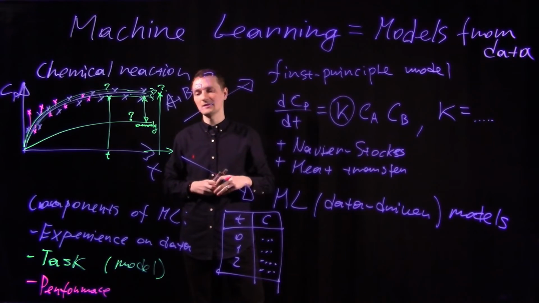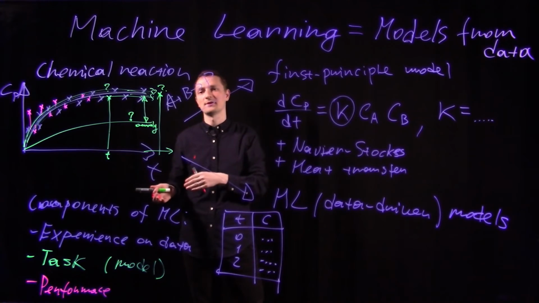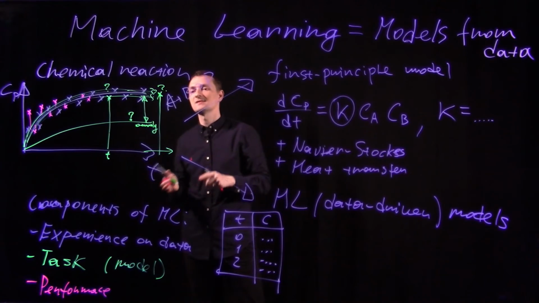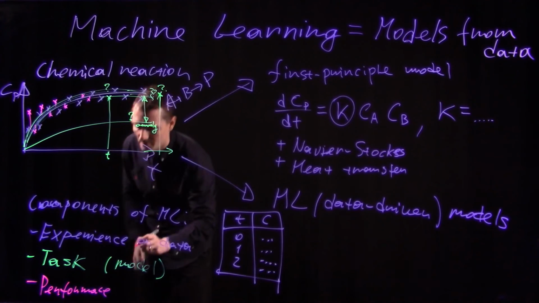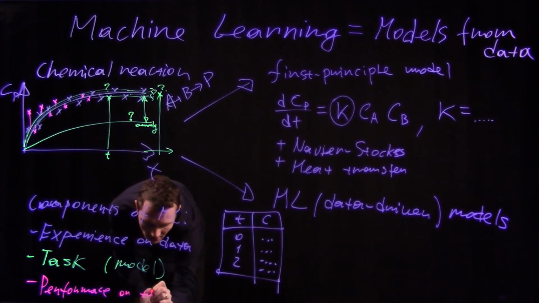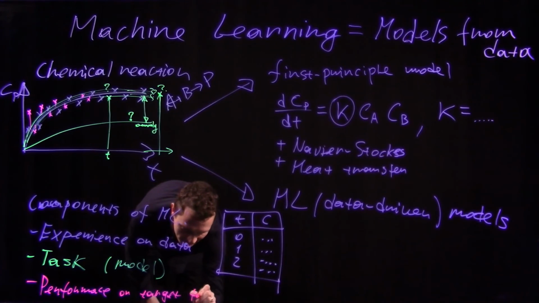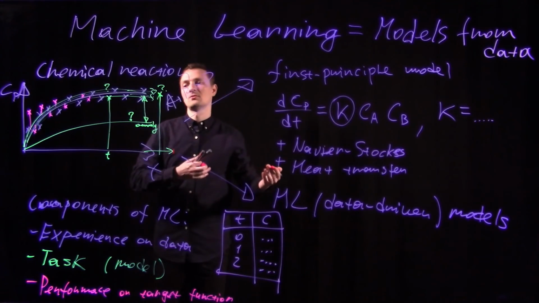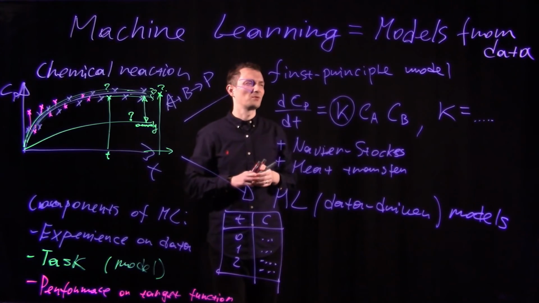And in this case, depending on the problem we would like to solve, for example, for regression task, for classification task, or clustering task, there are different measures we can use. And those performance measures, you can name them also target function. So basically, what you would like to minimize or maximize solving this problem.